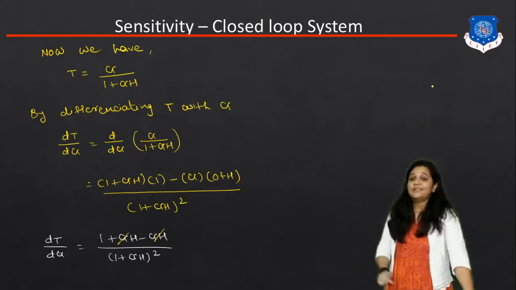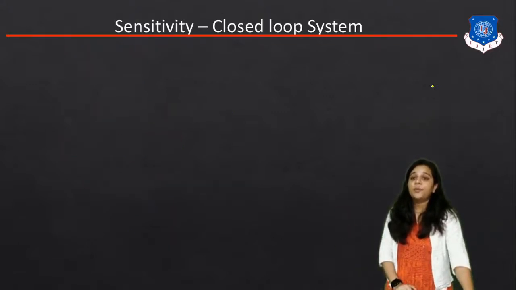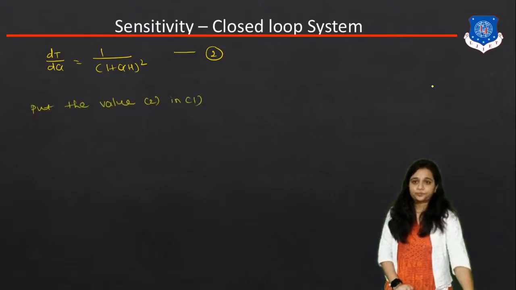Simplifying, we get (1 + GH − GH)/(1 + GH)². The term GH is cancelled out, so the value of dT/dG is equal to 1/(1 + GH)². That is my equation number 2.